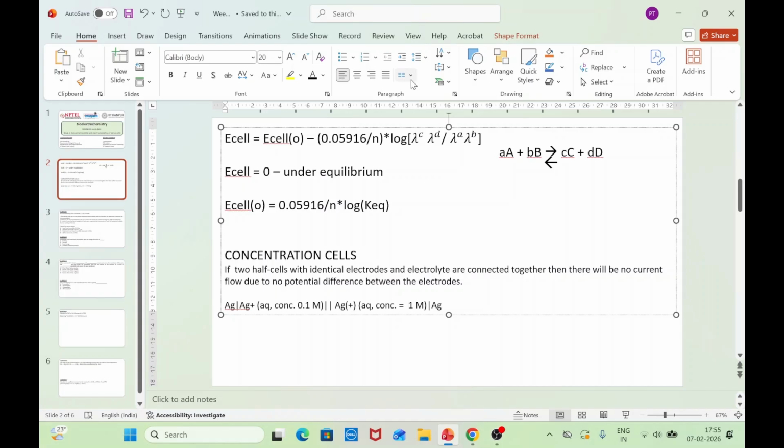Now, in case you find that E naught of the cell is going to be negative, how is the reaction going to happen? I have changed the concentration here. So now what is going to be the E of the cell? It's going to be E cell equals 0.05916 by 1 times log of 1 by 0.1.